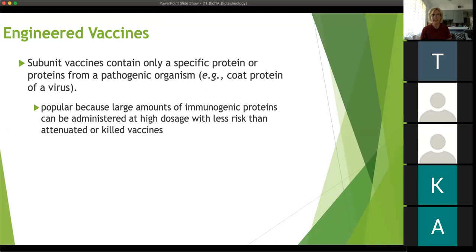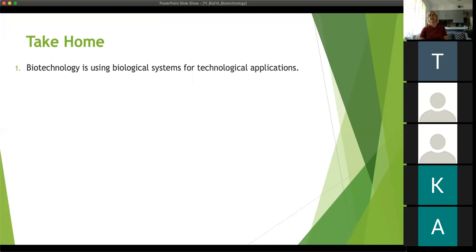So the idea is that genetic engineering and biotechnology have really improved agriculture and medicine, and that simple use of biological systems for technological applications has been really important in improving the quality of life, in terms of fewer diseases, but also in terms of access to better nutrition.